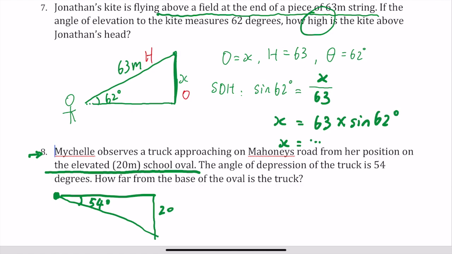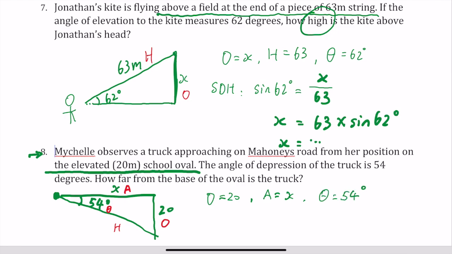And you are going to figure out x. So again, you are going to label them first. This is the hypotenuse, this is theta, this is adjacent, and this is opposite. So O equals 20, A equals x, theta equals 54 degrees.